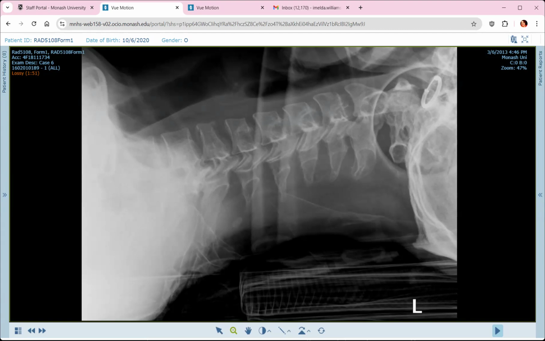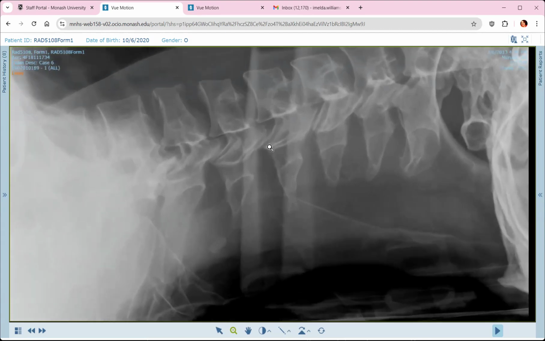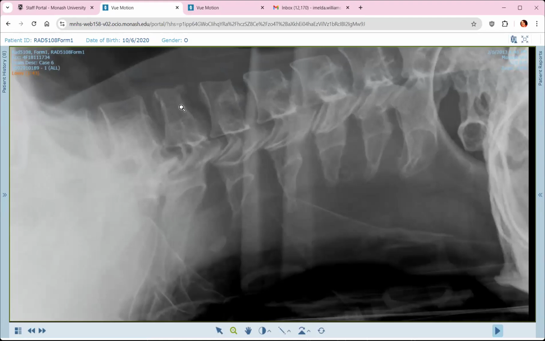If we zoom in here, we'll be able to see that this fracture also is comminuted. So your overall comment on this is that there is a comminuted compression fracture of C7 in the anterior vertebral body height, and also because the posterior vertebral body height is maintained, it excludes a burst fracture.